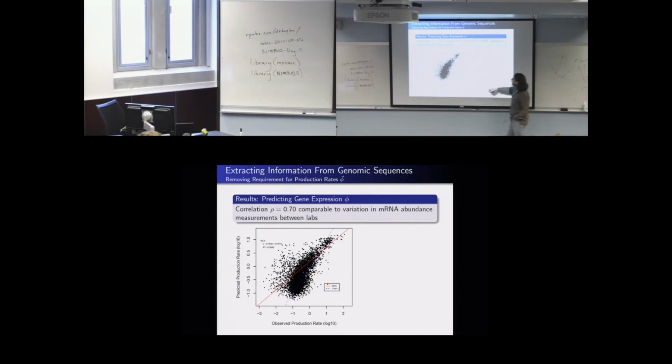We get an R squared of about 0.5, so we're explaining about 50% of the variation, but that means our correlation coefficient is about 0.7. And if you look at between labs, the correlation coefficient between different microarray studies is on the order of 0.7. Within a lab, they can have really high consistency, but there's all this systematic variation between the different labs. So we're very happy with this.